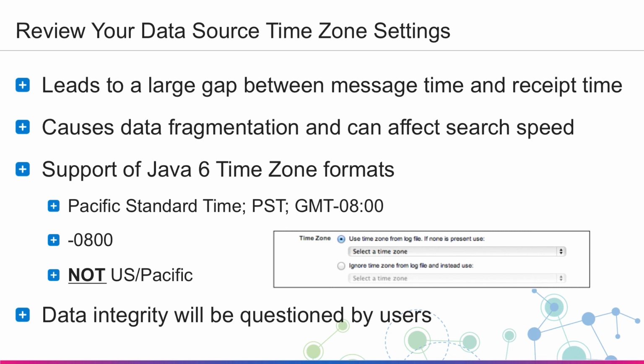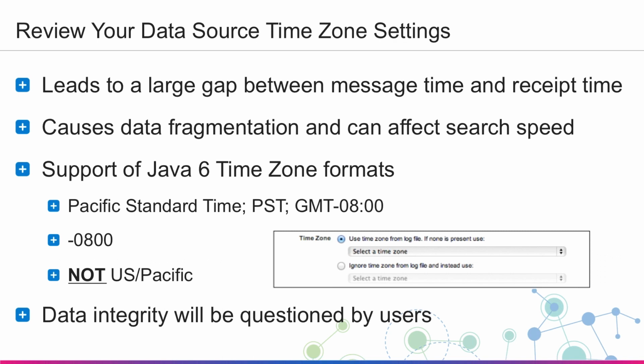as you know, when you're setting up your collector, there's a portion in the setup process that allows you to specify your time zone setting. If this is incorrectly set, it can lead to a large gap between message time and receipt time. You can see the time zone setting here on screen in the screenshot that I have. Okay.